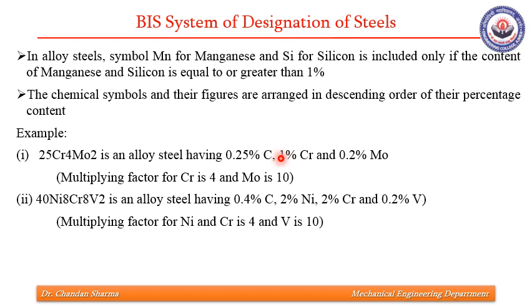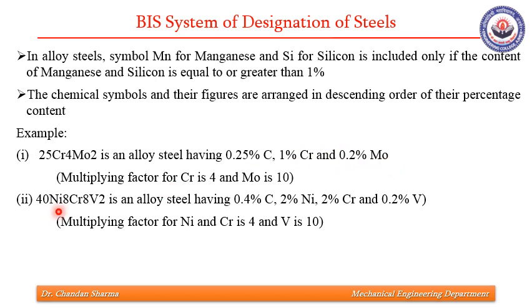It is having 1% chromium, and the factor for Mo, molybdenum, is 10. So 2 divided by 10 is 0.2. So we need to remember the multiplying factors, and then we can easily convert or decode a designated steel. So it is basically having 0.25% carbon, 1% chromium and 0.2% molybdenum.